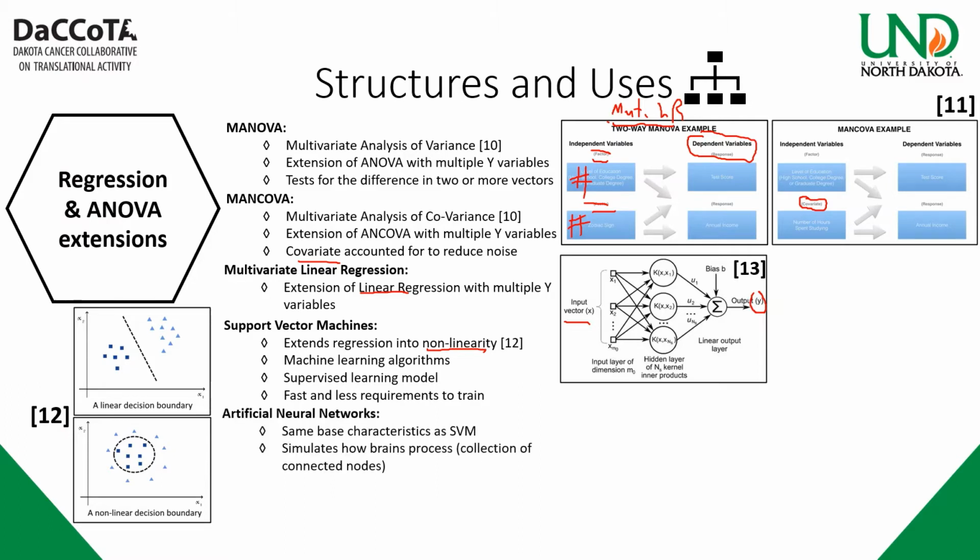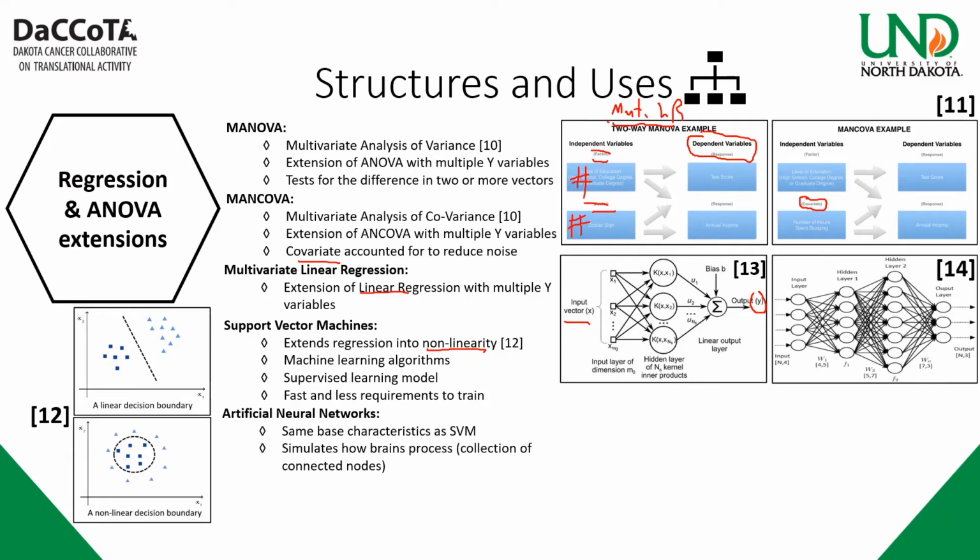A very similar topic, again in the machine learning canon, is neural networks, but now it more closely resembles how the brain processes. Again, it looks kind of like this. In this example, there's a bunch of inputs, different hidden layers, and then these output layers, which we'd probably call our y variables. So these are 2 different ways of doing machine learning.